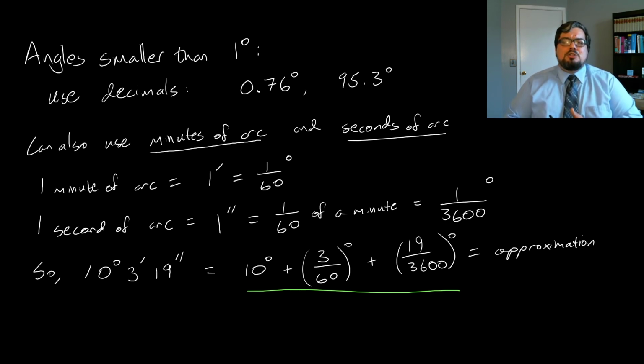So degree measure is a little bit artificial in that sense. If we ever encounter intelligent alien life, it's extremely unlikely that they will measure their angles using degrees, because our reasons for using 360 are very much historical and cultural and not inherent to the mathematics that we work with.